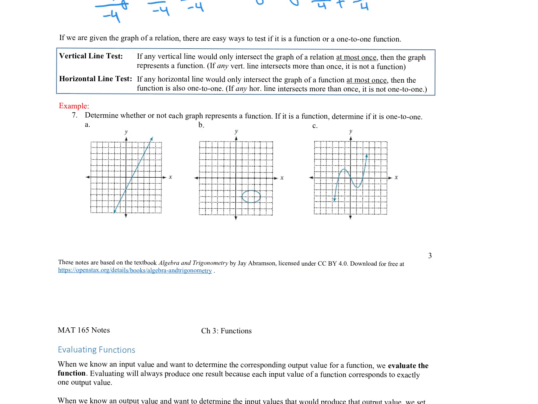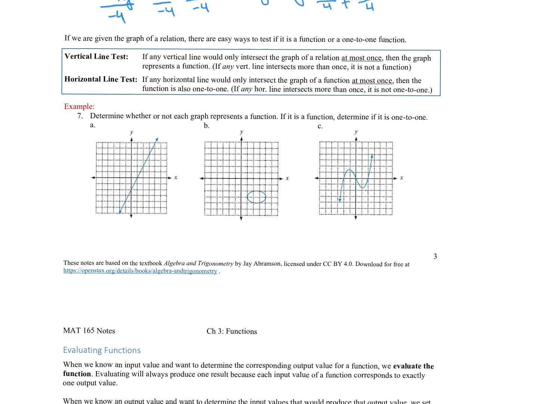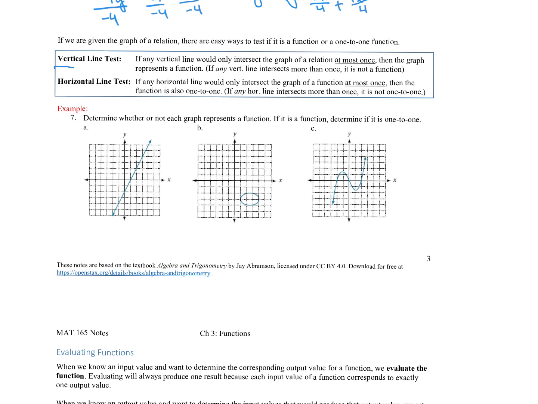Moving down the page, there is an easy way to see if a relationship is a function, and we can do this graphically. We're going to use what's called the vertical line test. If you can draw a vertical line anywhere on the graph, it should only touch the graph once and no more than once.